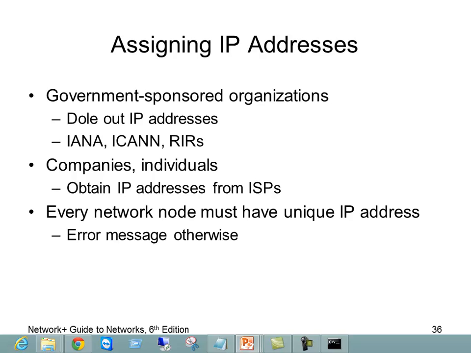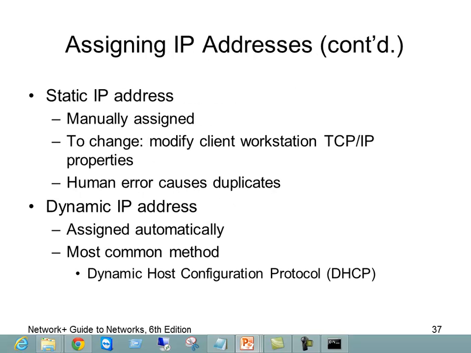Every node must have a unique IP address. Everything on the entire internet has to have a unique IP address. Otherwise, it gets an error. That is why we're running out of addresses. There's a finite number in IPv4, and so many people are on the internet now that we're going to run out.